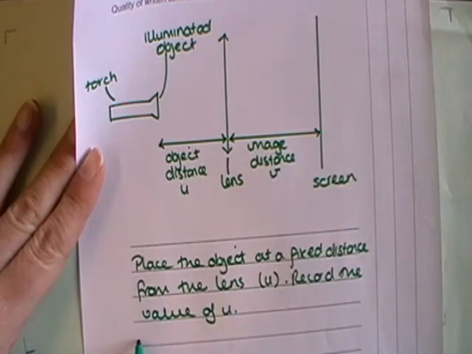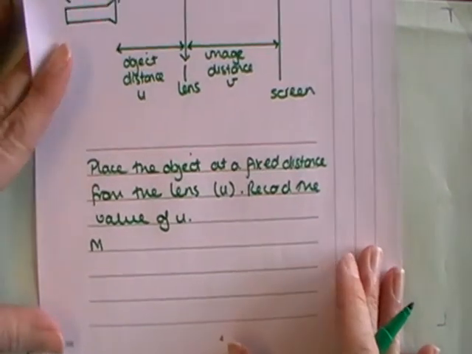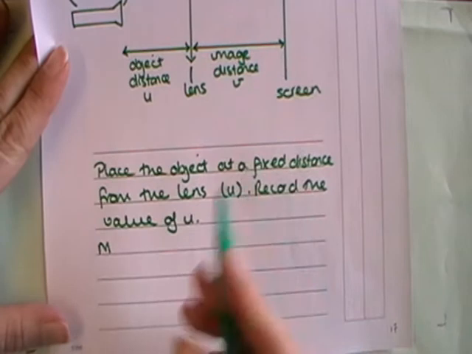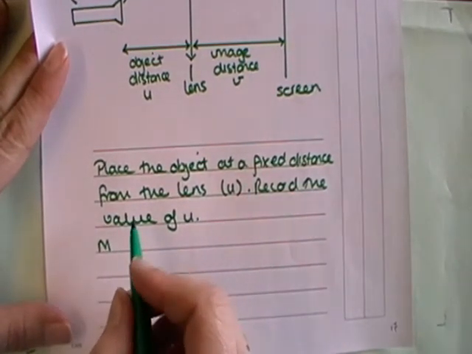Then we move the screen. So we have the object placed at a certain distance from the lens, and we're going to adjust the screen now to get the position for a sharply focused image.